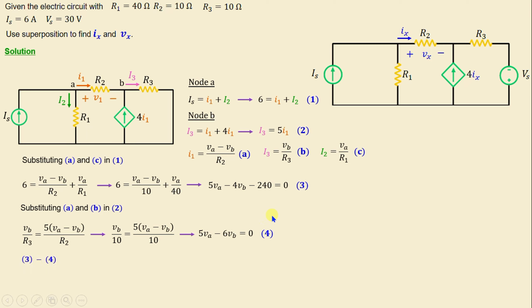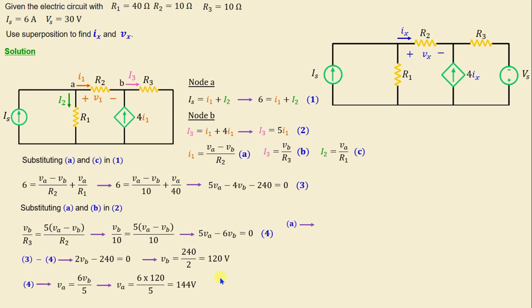Now by performing 3 minus 4, we derive one equation in terms of VB. And from here we can calculate VB, which is given by 240 over 2 is equal to 120 volt. And from equation 4, we can write VA is equal to 6 times VB over 5. And if we replace VB with its numerical value, we obtain VA is equal to 144 volt.